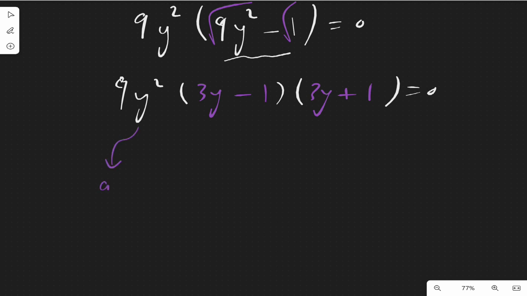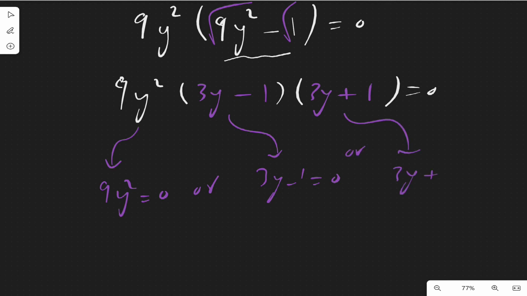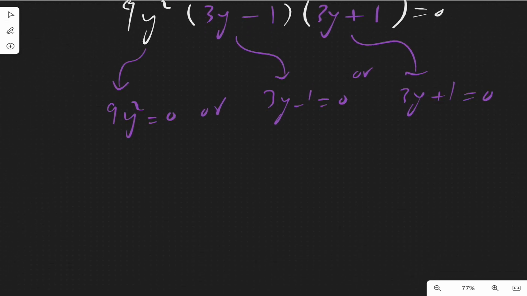Solving: 9y2 equal to 0, or 3y minus 1 equal to 0, or 3y plus 1 equal to 0. Divide by 9 and then square root.